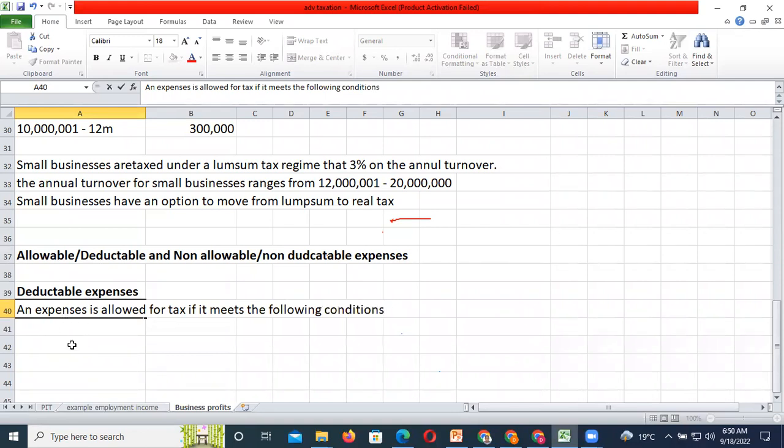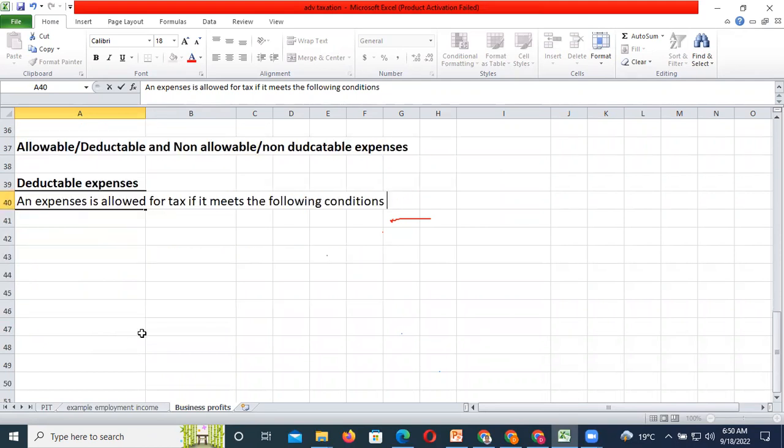Number one, it relates to the direct purpose of the business. What it means is that the expense was incurred in the normal operations of the business activity. In that case, that expense is allowed for tax.